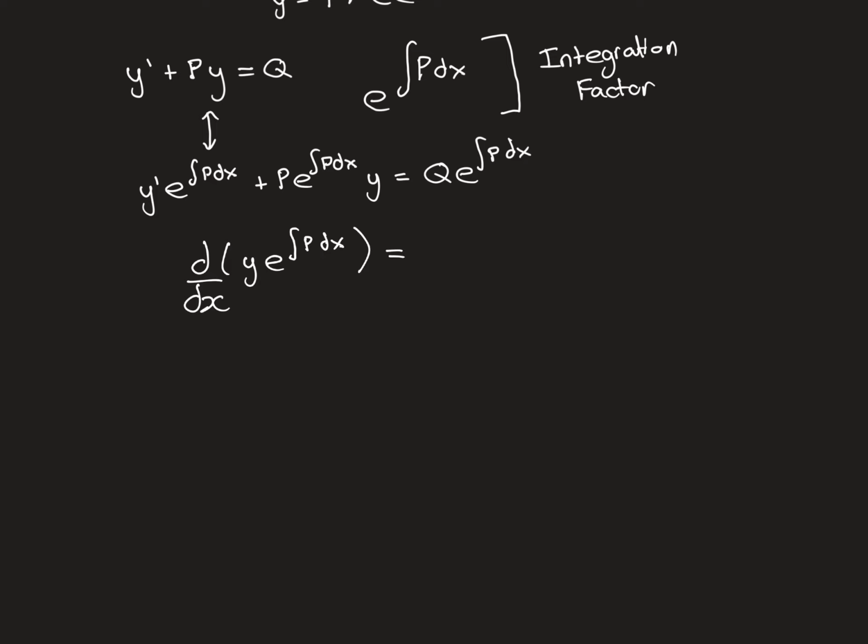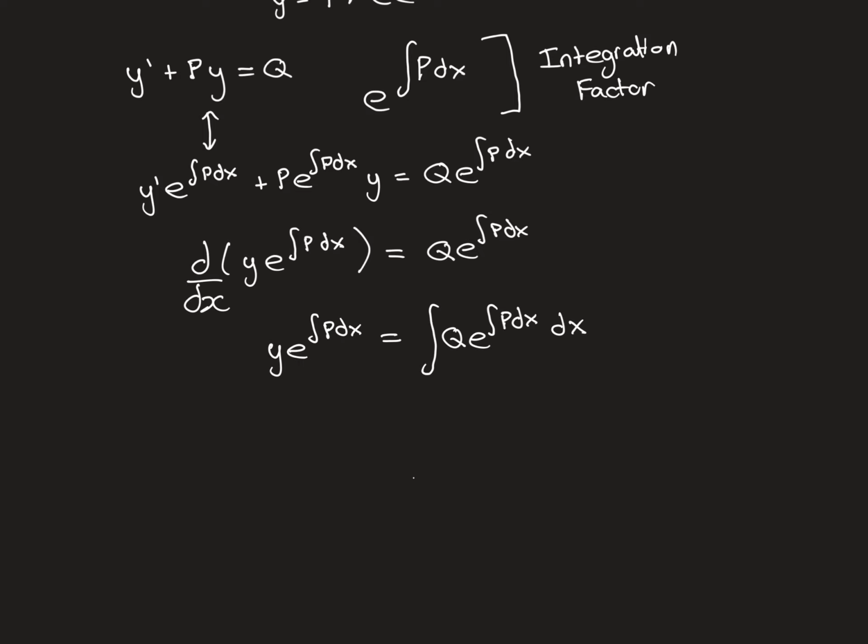So that's equal to q e to the power of the antiderivative of p. So now you've got something that you can solve by direct integration. So just integrate this. This time you will need the general solution to the integral of that, so you will need the integration constant. And then you'll have that y times this function e to the power of the antiderivative of p is equal to that integral of q e to the power of the antiderivative of p.